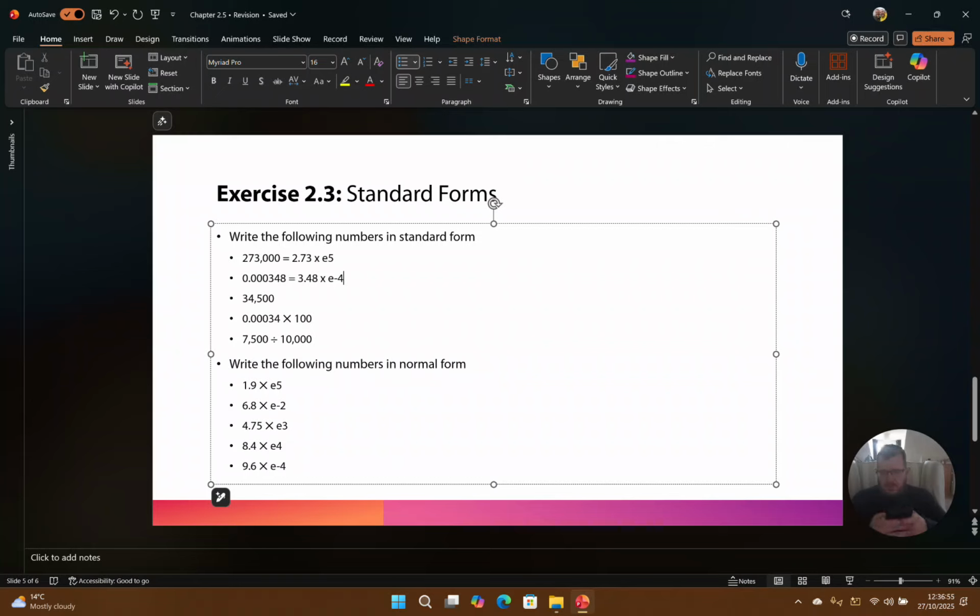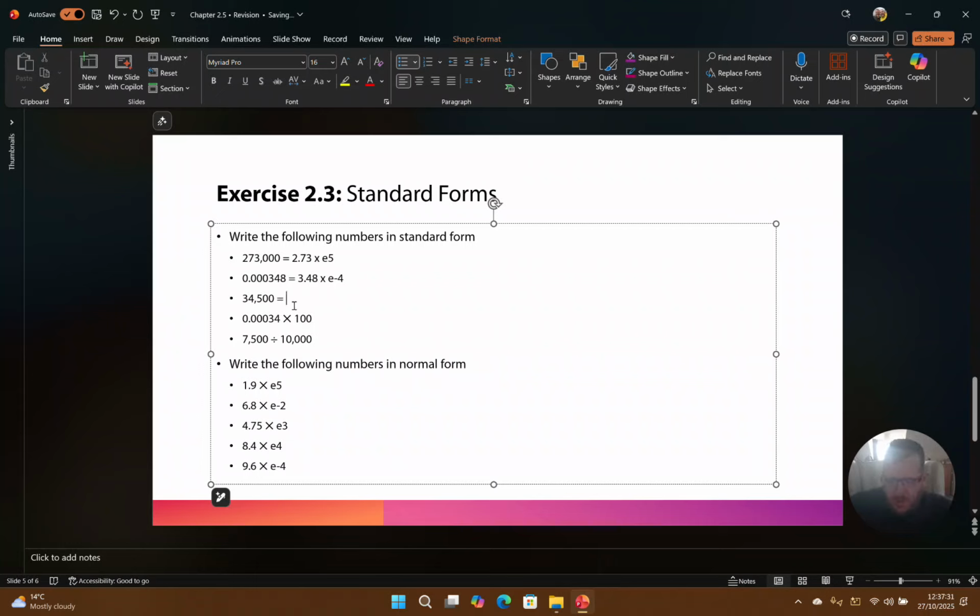So we want it is 4. Just like double check. It is 4. 34,500. Let's look at this one.